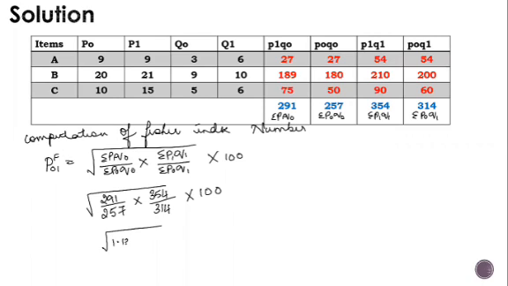Into 354 divided by 314, that is 1.127. Into 100. Now multiply 1.132 into 1.127, and take the square root of it. First multiply it and then take the square root. You are getting 1.275.